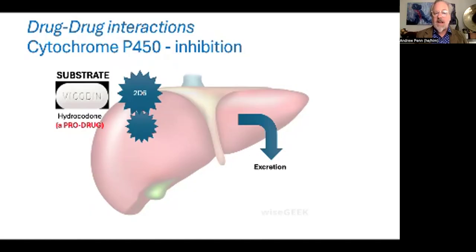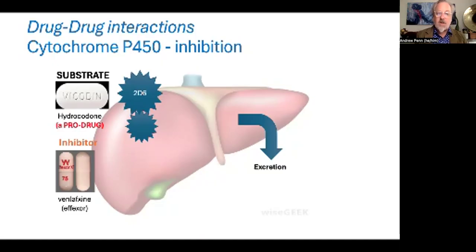Now, let's take a look at how this interacts with another drug, something called venlafaxine. So venlafaxine, as I mentioned before, is Effexor. It is, in addition to being a substrate of 2D6, also an inhibitor of 2D6, which means it, when introduced to a system, will slow down the 2D6 pathway.